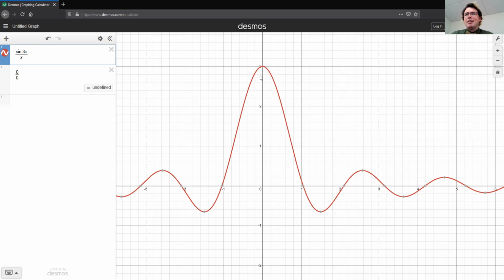Just like in the polynomial and just like in my pendulum, I have an idea of where the function is supposed to be going. Just looking at it, it looks like the function should be going to a y value of 3. So I'm going to use the same method that I did in my previous video.